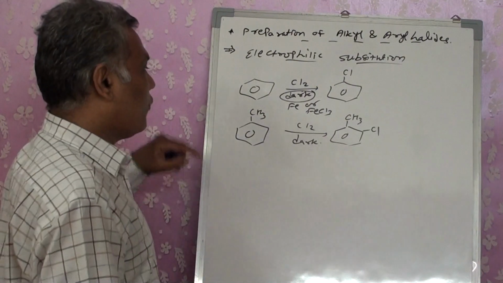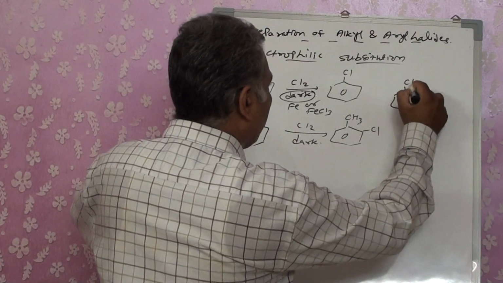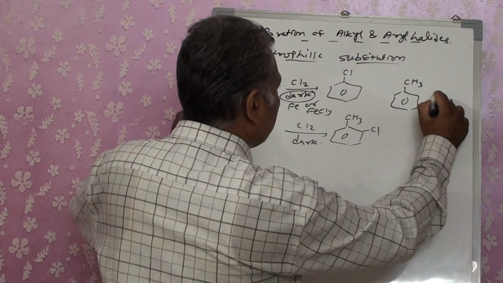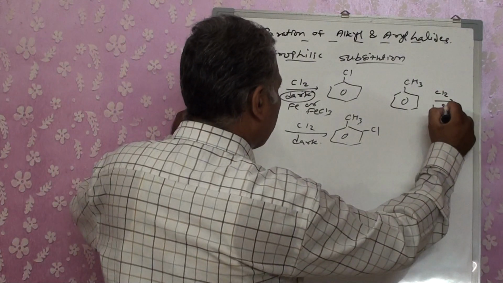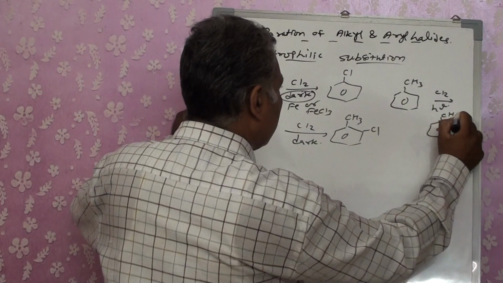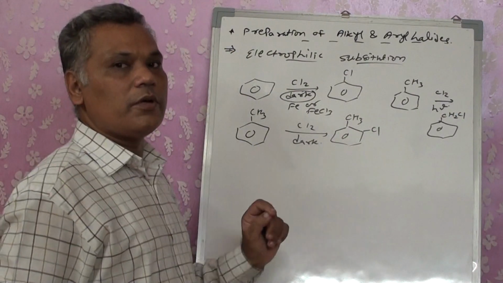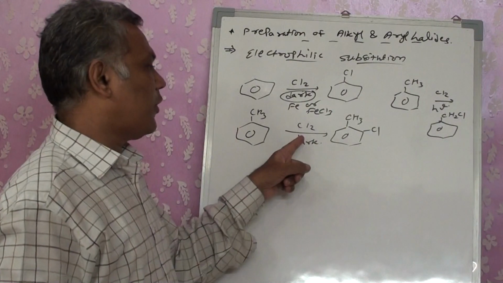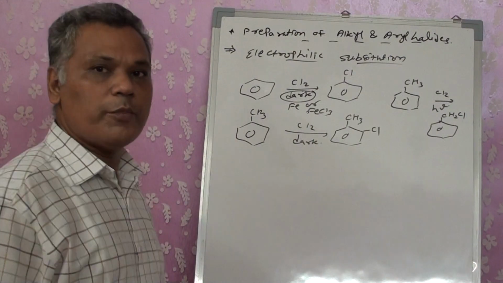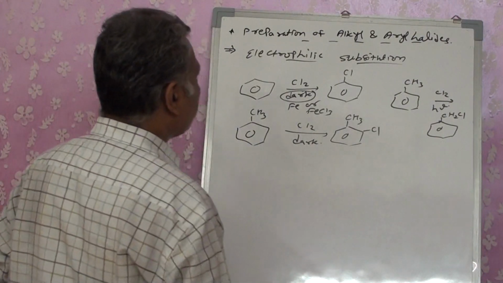So be careful. See the reaction, I am just showing it: CH3, Cl2, in presence of sunlight. Then where would the reaction take place? CH2Cl. See, the reaction did not take place on the aromatic nucleus. If I want the reaction on the aromatic ring, dark condition is a must. Okay, so that is your electrophilic substitution.